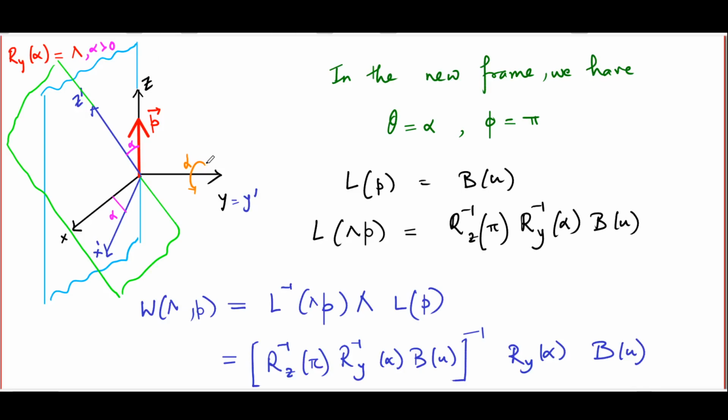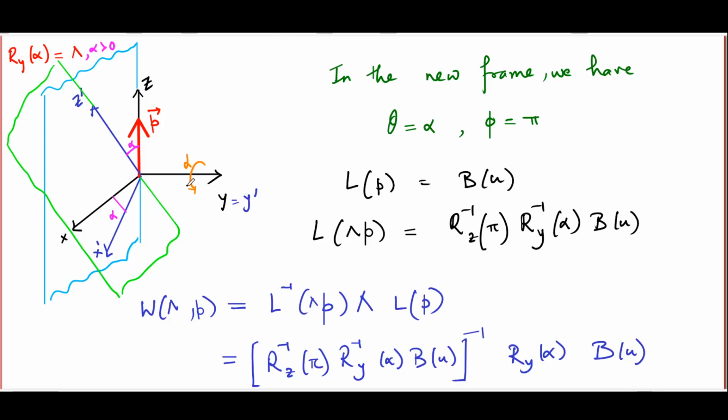Remember, an angle of rotation is considered to be positive if it is counterclockwise. So you start with an original set of coordinate axes x, y and z with the momentum, as we have said, of the particle pointing along the z-axis. So this is our direction for p vector. We carry out a rotation about the y-axis through an angle alpha, leading to a new set of coordinate axes x prime, y prime, which of course is the same as y, and z prime.